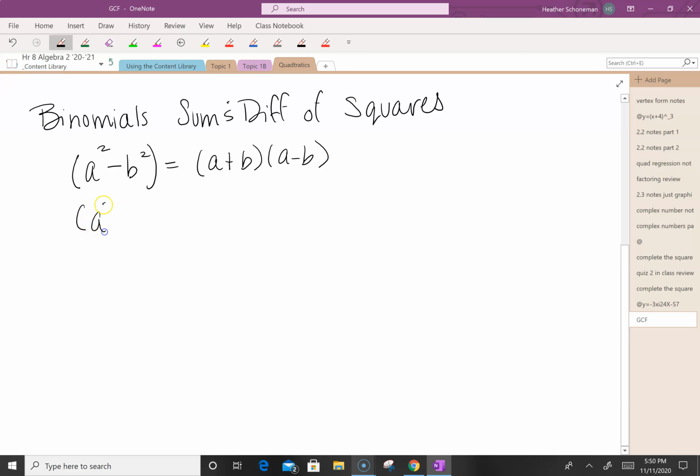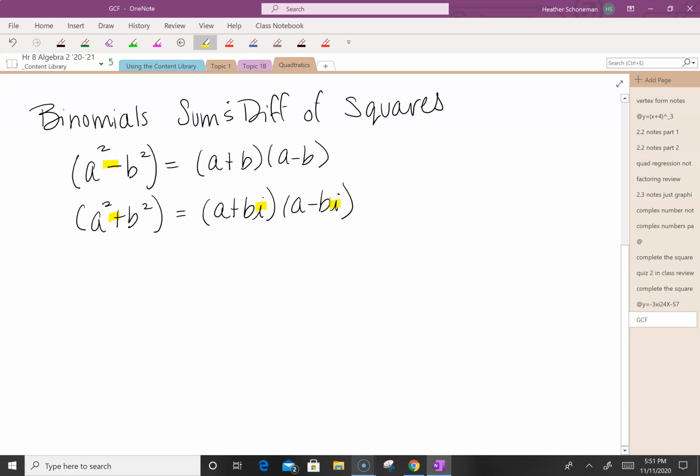But if I have a squared plus b squared, this is going to factor to (a plus bi) times (a minus bi). Notice that the a's come first and the b's come second. Notice they're both plus and minus. The only difference is this one started with a minus, so there's no i, and this one started with a plus, so we add the i.